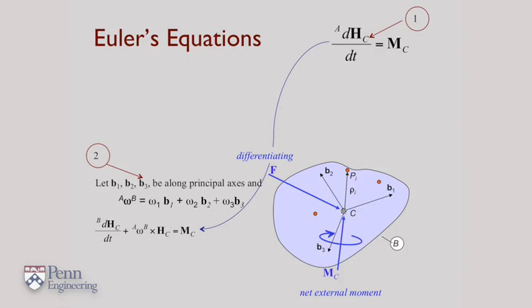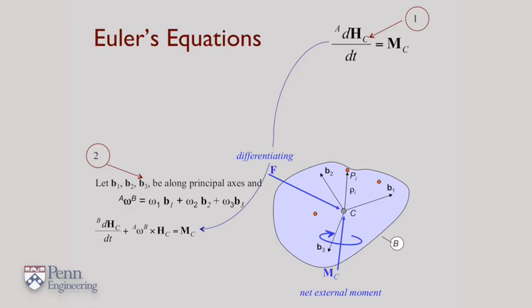So this correction factor, as I've paraphrased it, is actually a well-known fact in mechanics. Anytime you differentiate a vector in a moving frame, its derivative is different from the derivative in a fixed frame. The difference is obtained by simply factoring in the cross product of the angular velocity with that vector. The first term on the left-hand side can be written in terms of the inertia matrix times the angular velocity vector.